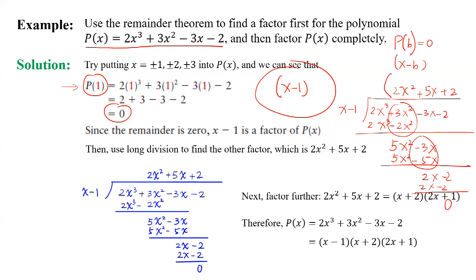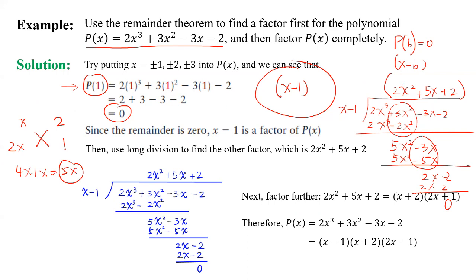So the other term must be 2x squared plus 5x plus 2, right? Which can be further factored using the trial and error method. The first term can be decomposed to x and 2x, and the coefficient here can be factored to 2 and 1, and then by cross multiplication you will get 4x plus x, which is 5x, which is the term in the middle.